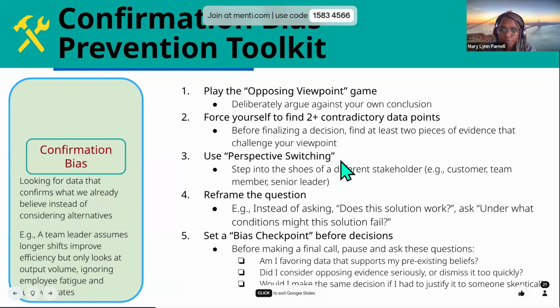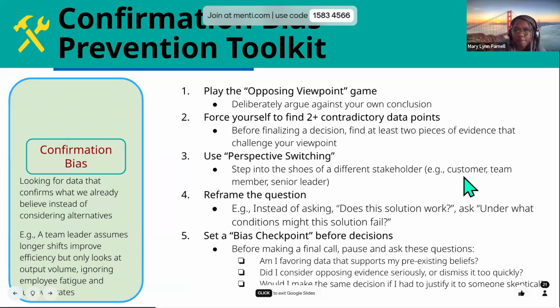Use perspective switching. So, stepping into the shoes of a different stakeholder, so customer, team member, senior leader. This is really important, to have a hold on who all your stakeholders are and highlight that, and then step into them. How are they experiencing it? What are their issues? What are the challenges? And what are the benefits? All encompassing.